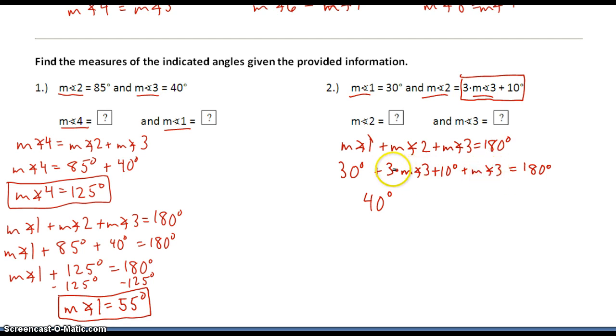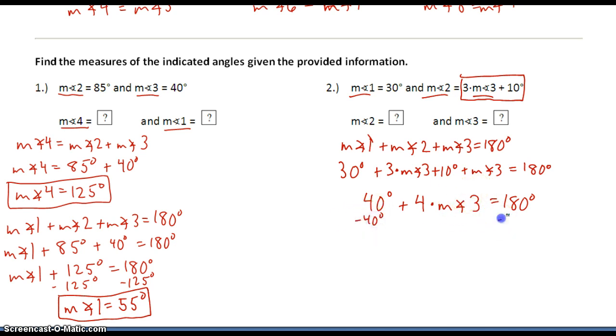It's kind of like adding 3x plus x. Gives me a grand total of 4 x's. In this case, I have a grand total of 4 measures of angle 3. I have 3 of them here and 1 here. When I add, I get 4 total. I'm really just combining like terms where my like term is the measure of angle 3.